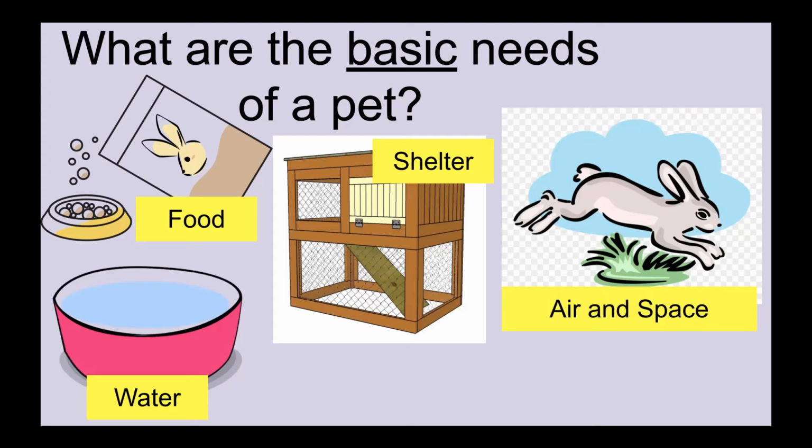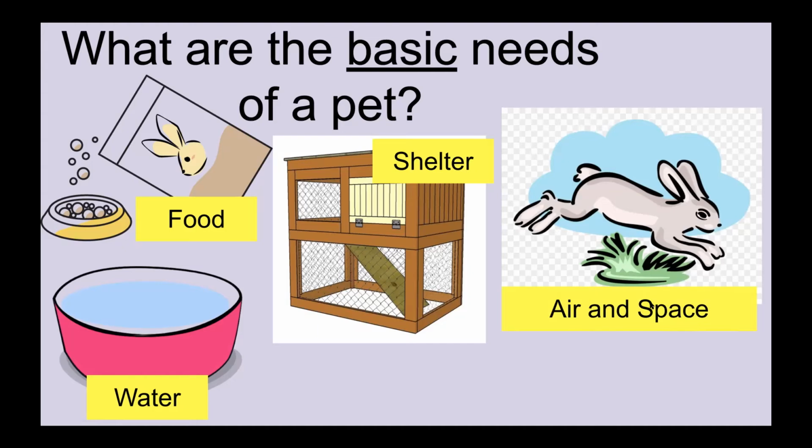So my pets don't stay in their cage all day. They get to come out and play and exercise, and then at nighttime they go back in their cage to sleep. So the 4 basic needs of pets are food, water, shelter, and then air or space.